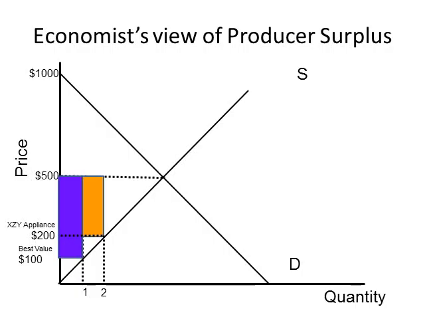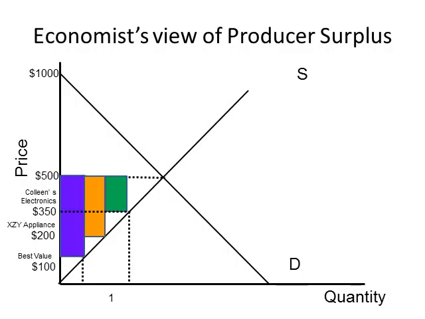Its producer surplus will be the difference between the equilibrium price, $500, and the price that the producer was willing to accept, $200, or $300. Colleen's Electronics is willing to accept $350 for a TV, but receives $500. So the firm's producer surplus is the difference between what the store was willing to accept, $350, and the equilibrium price of $500, or $150.